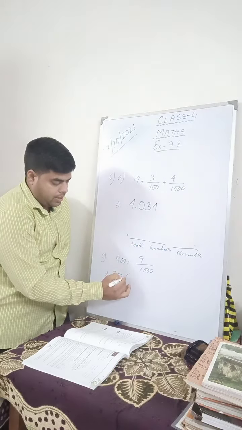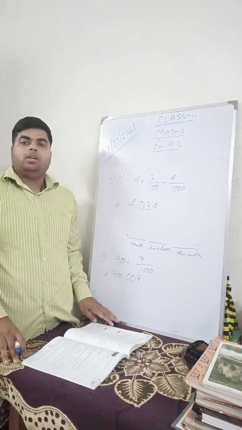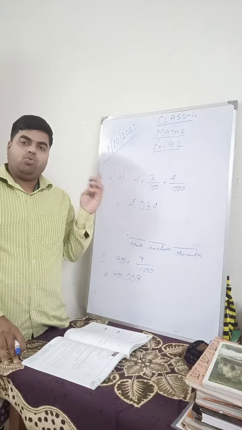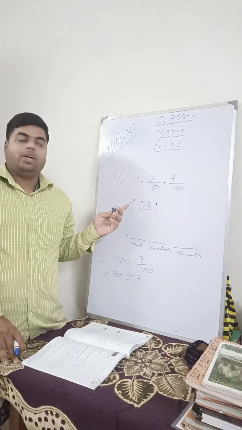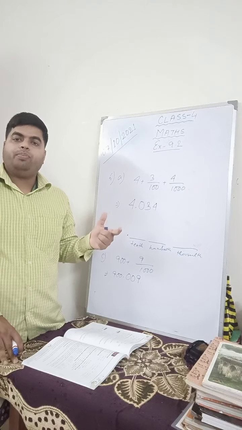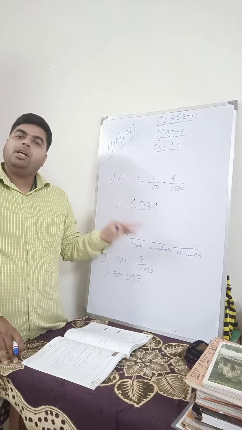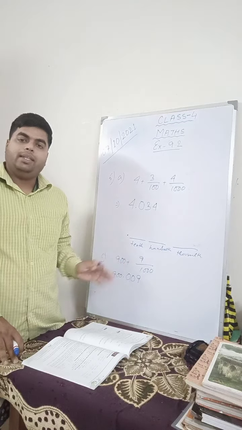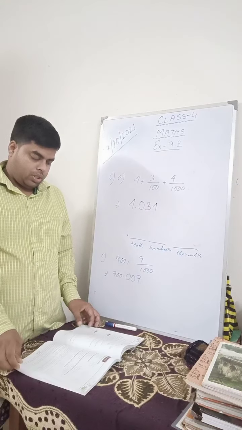So you will write here 0, 0 and 9. This is your answer. Remember, as you have done earlier from expanded form to standard form, that is short form, whichever place they don't give, we put 0. In that same way, whichever place they don't give after the decimal, we put 0 and then we put the number. So I hope all of you have understood this, children.